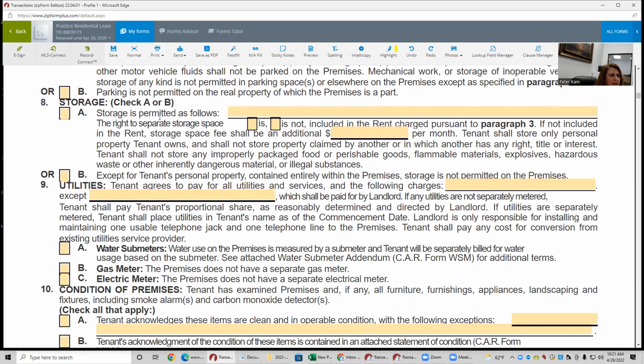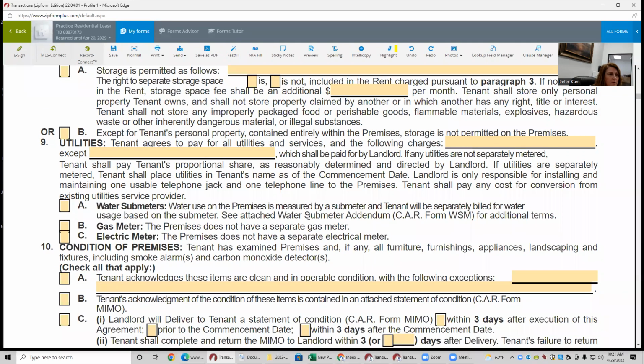So if you check A, storage is permitted as follows, you would fill in exactly what it is, and the right to separate storage space is or is not included. So if they have a space that they're going to allow the tenants to use, maybe some kind of space in the parking garage, I don't know, but you want to be very explicit and fill this in. Normally, you're going to be checking B, that they contain all their property entirely within their premises. Okay, so those are very important.